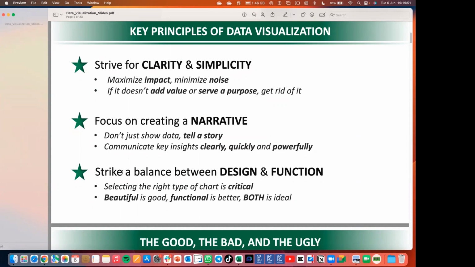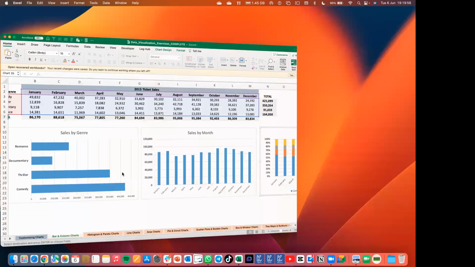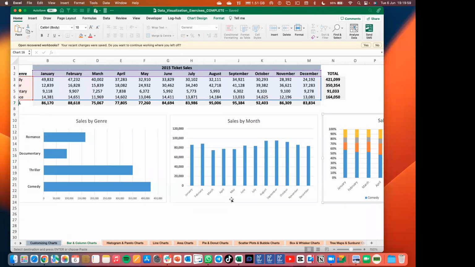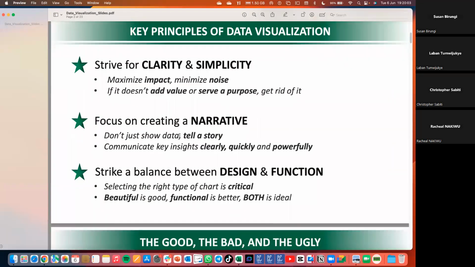As I've already said, we always look at designing. I wish I had some cluttered charts here. I would have shown you, but I will present some before we end the call. So you'll find that you have more than 3 colors. Last time I told you that with all visuals, we always target 3 colors.